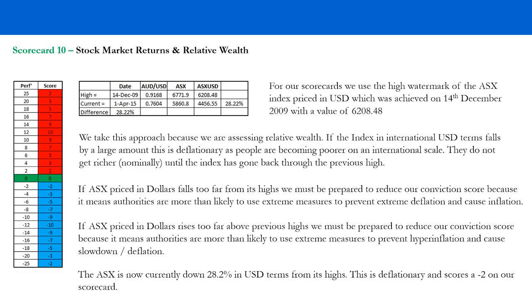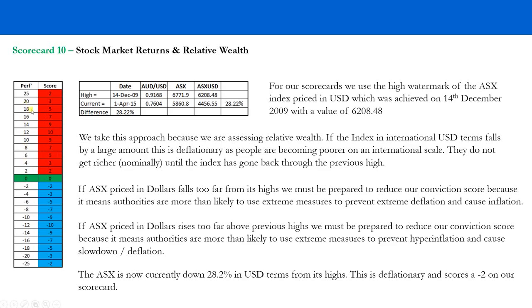So if the ASX in this example, priced in US dollars, falls too far from its highs, we've got to be prepared as traders to reduce our conviction score because it means authorities are more than likely to use extreme measures to prevent extreme deflation and try to cause or spur inflation.